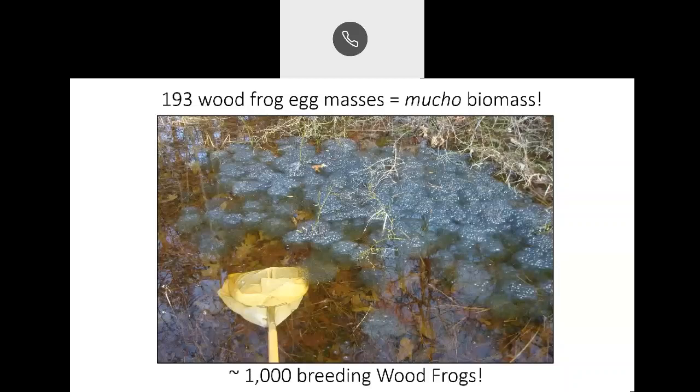Now, if you can get there quickly after the females have deposited their eggs and before the water causes them to swell and fuse together, and you can count every individual egg mass, it's a little tedious, then you can extrapolate relative population size. Now, this was nearly 200 egg masses, and that accounts for on the order of 1,000 breeding wood frogs in the surrounding woods that came to this one vernal pool.